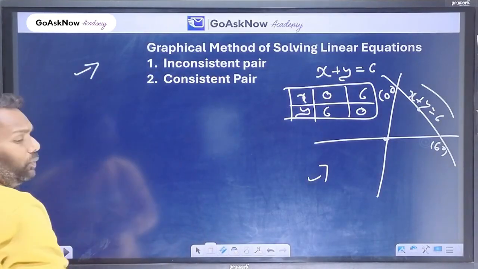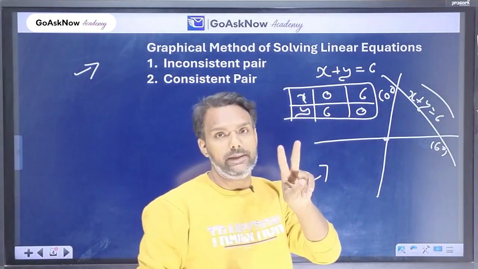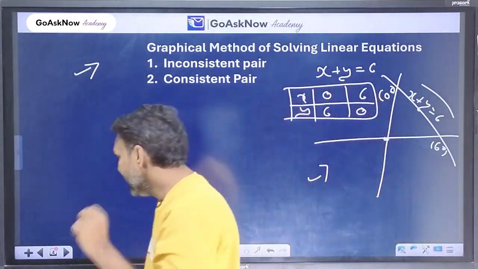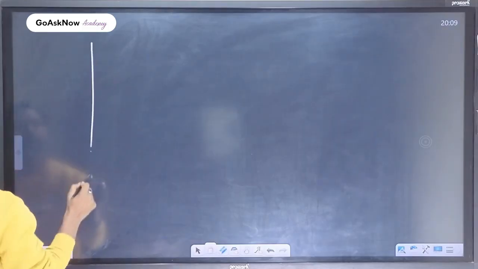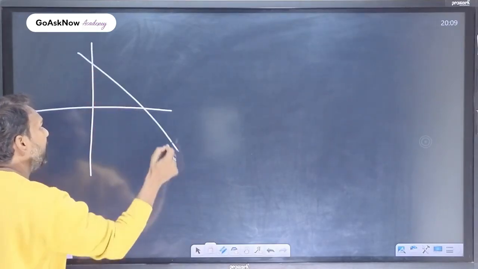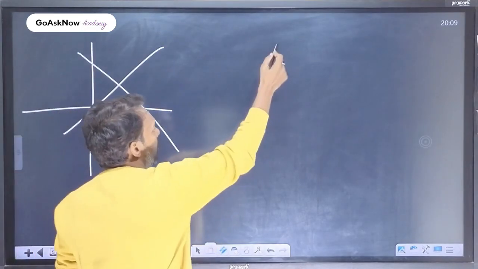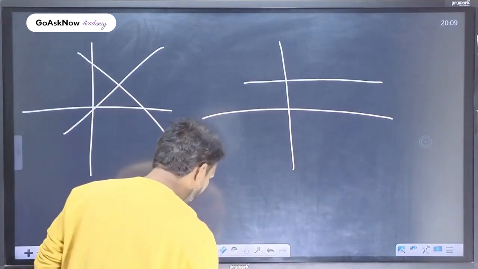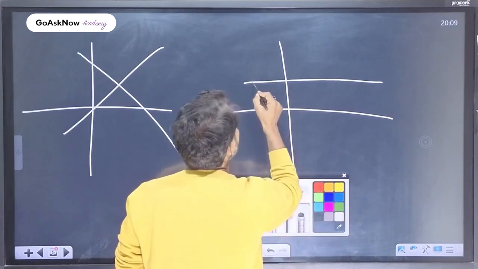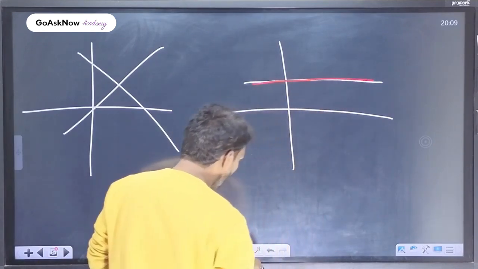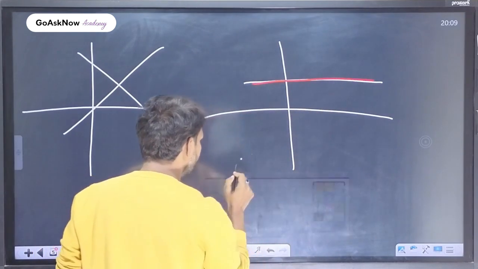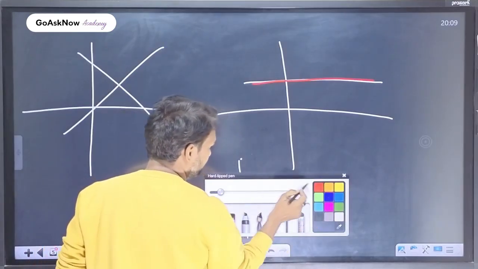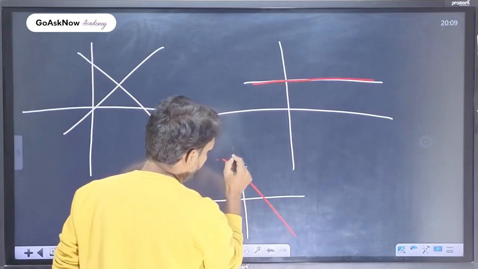Now for two linear equations, we will get two lines. They can be either intersecting lines, or coincident lines, meaning one line over the other, or we can have a pair of parallel lines like this.